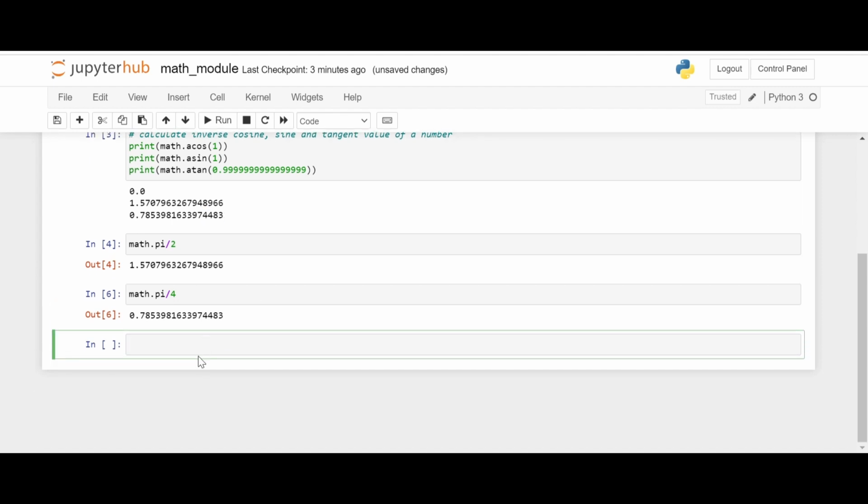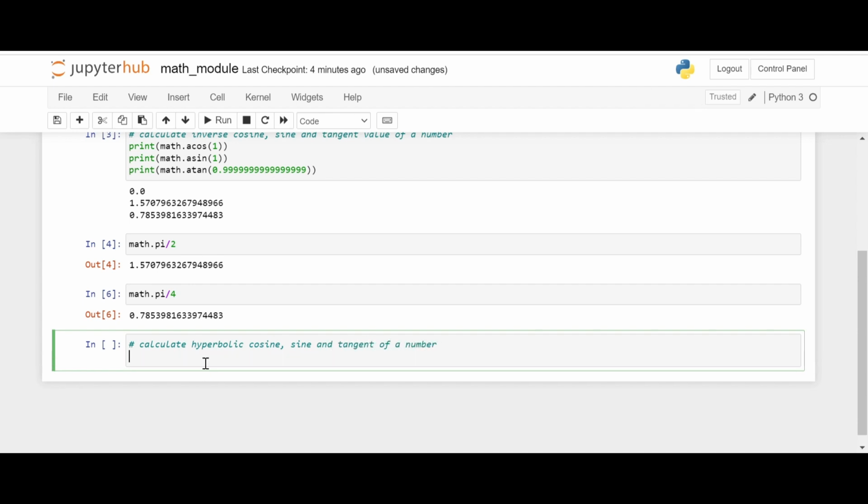Okay, now let's calculate hyperbolic cosine, sine and tangent of a number. Print cosh for hyperbolic.